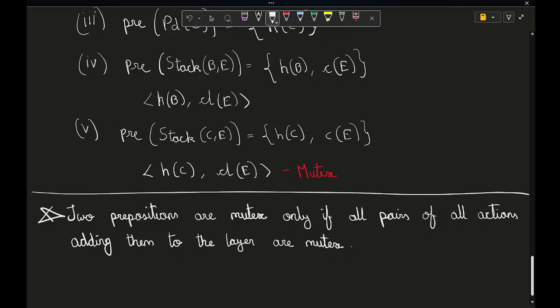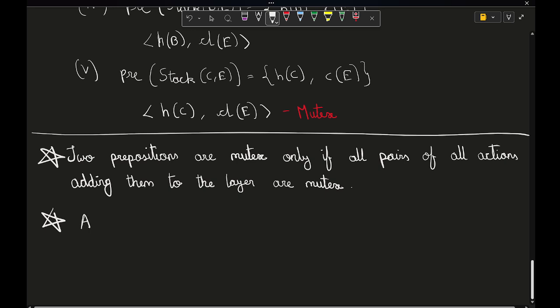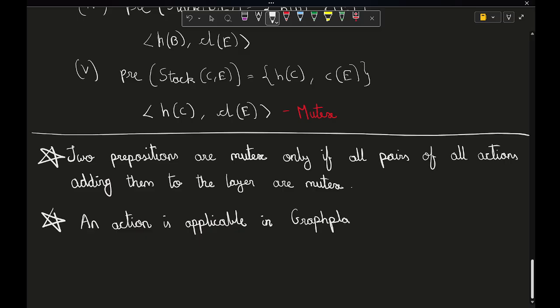Now for an applicable action. An action is applicable in graph plan only if all its preconditions are in the previous layer.